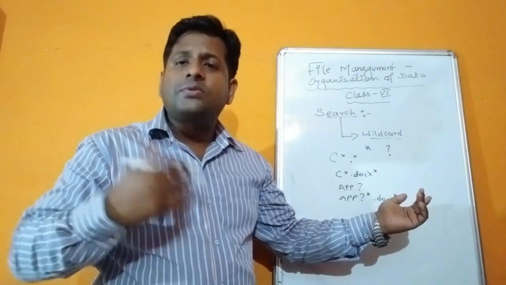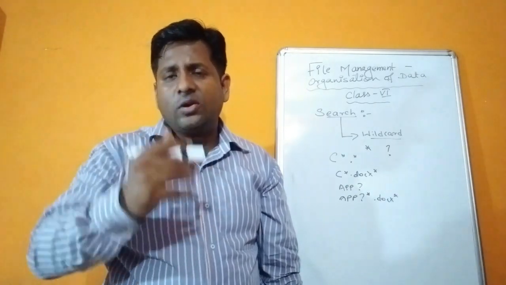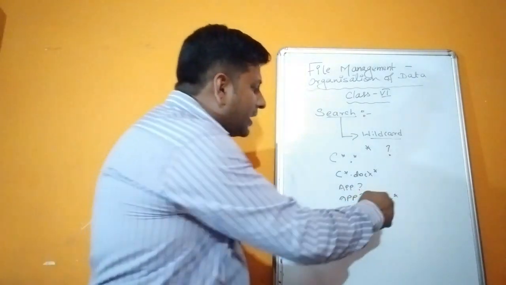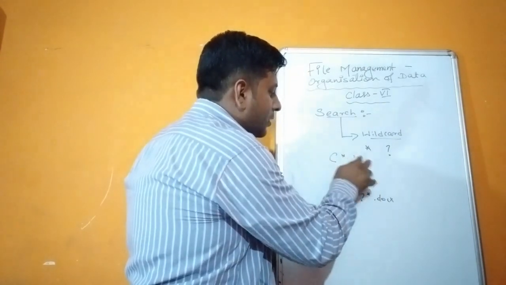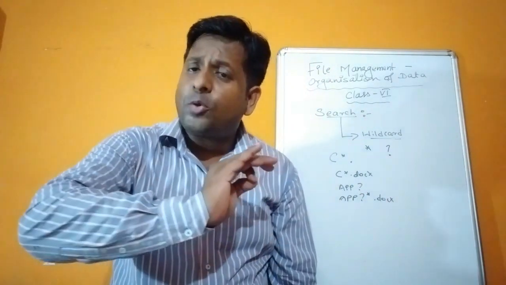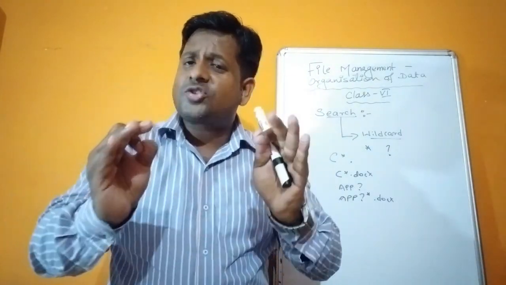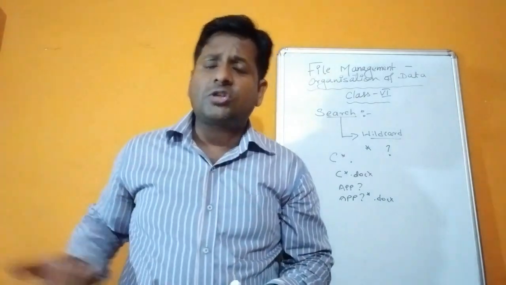See, specifying becomes easier. Searching becomes easier. You don't have to give a double asterisk also. You can remove the last asterisk. Still the computer will find it. That means you don't have to be specific to the point. Just remember the use of asterisk and question mark. The computer will search that out.